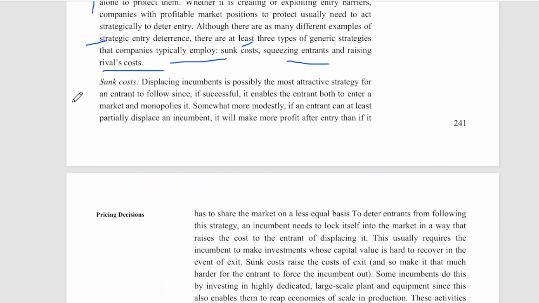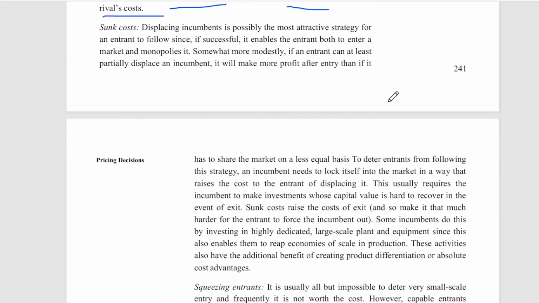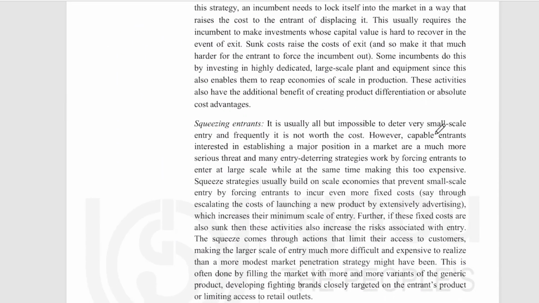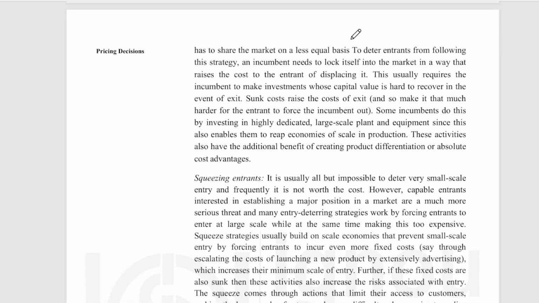Sunk cost: displacing incumbents is possibly the most attractive strategy for an entrant to follow, since if successful it enables the entrant both to enter a market and monopolize it. Somewhat more modestly, if an entrant can at least partially displace an incumbent, it will make more profit after entry than if it has to share the market on a less equal basis.